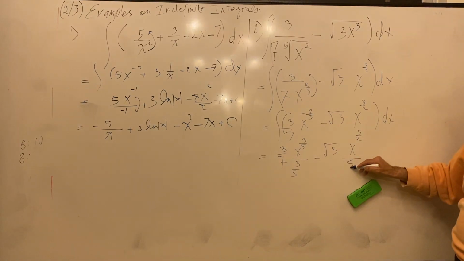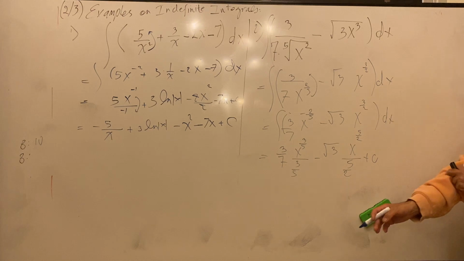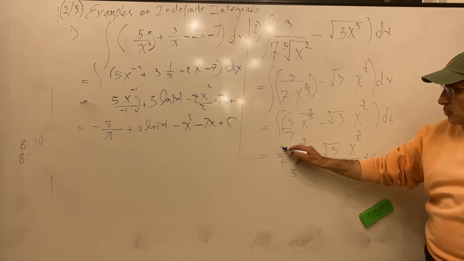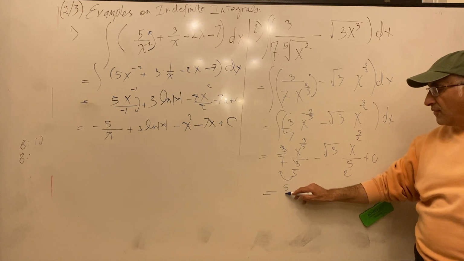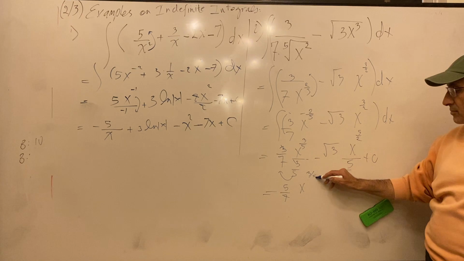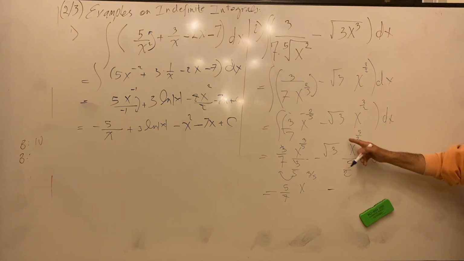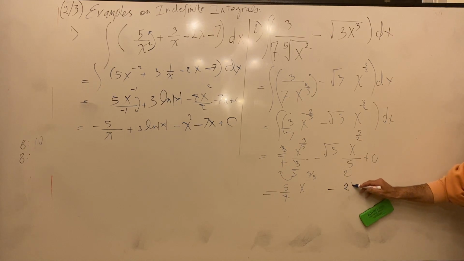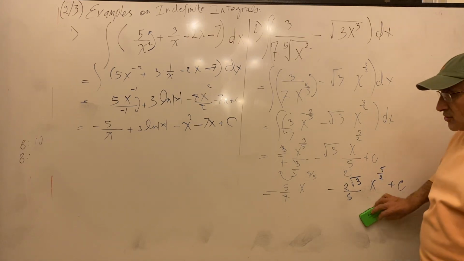Divided by what? 5 over 2. You probably can leave it like this, but my best advice: this will cancel out, this will go up, and it's going to be 5 over 7 x to the power 3/5, minus, this will stay, nothing cancels out, but this will go up, 2 square root of 3 over 5 x to the power 5 over 2, and don't forget, as usual, the integration constant.